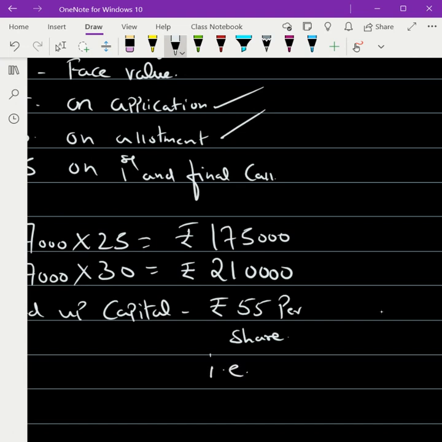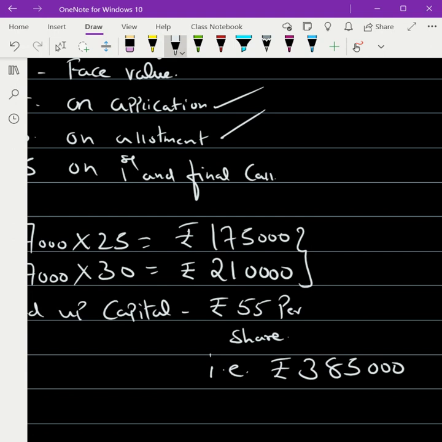When you add these two values, how much will you get? You'll be getting an amount of rupees 3,85,000, right? If you add these two values, application money and allotment money, you'll mention it like: called up capital is equal to 7,000 shares of rupees 55 each, that is equal to rupees 3,85,000.